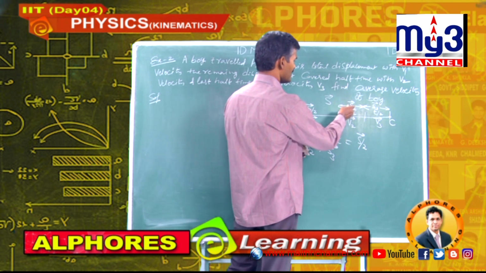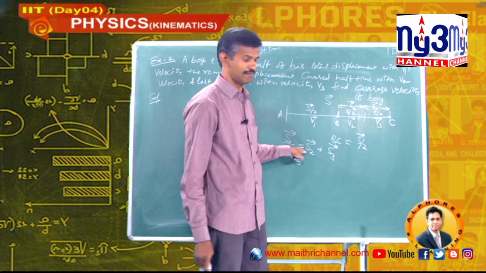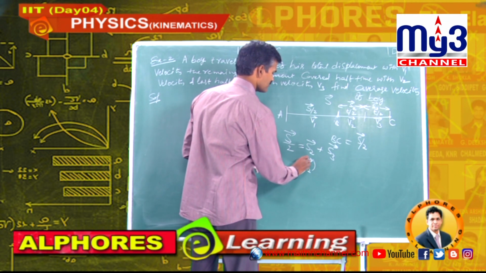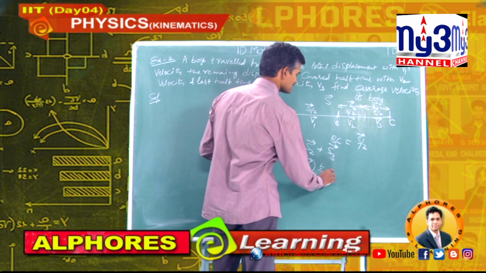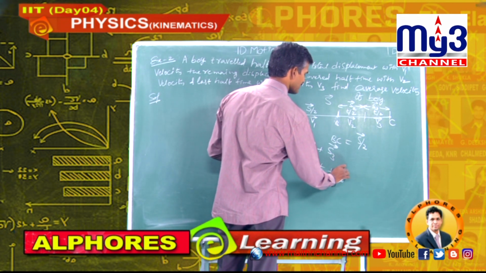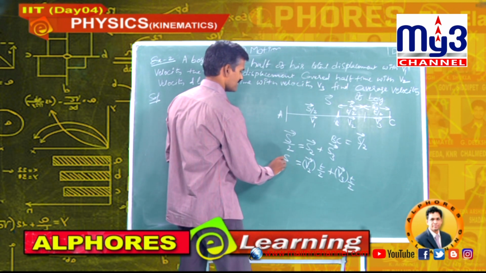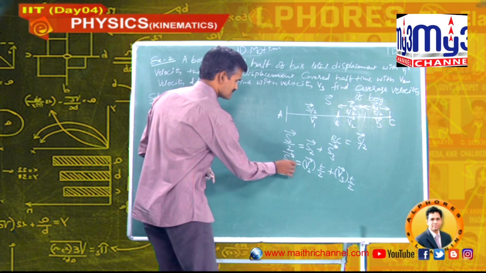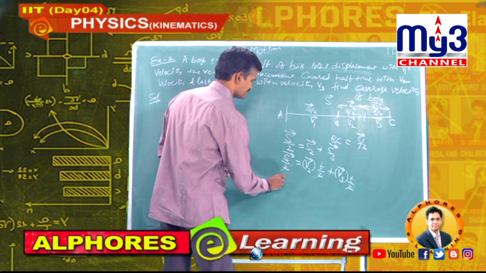What is S2 bar? Our S2 bar displacement is velocity into time. So that is V2 bar into time t by 2, and S3 bar is V3 bar into time t by 2. This is S by 2 bar. On cancelling this, we will get t.